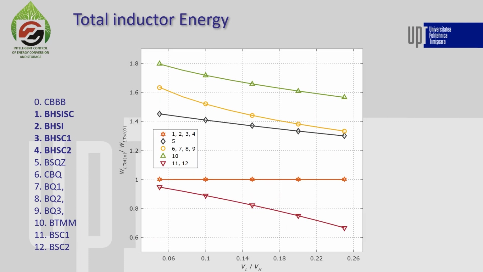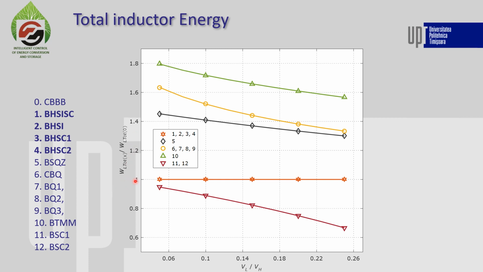So on this slide, we take a look at the total inductor energy, which is actually the ratio between the total inductor energy for our converter and the total inductive energy for the conventional buck-boost converter.